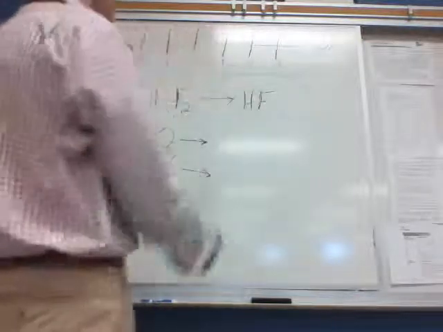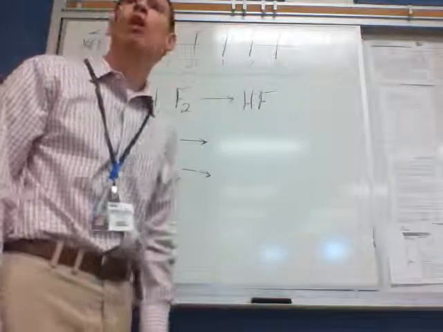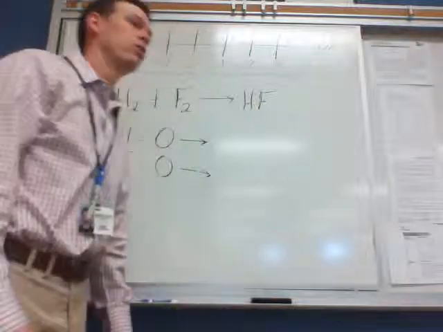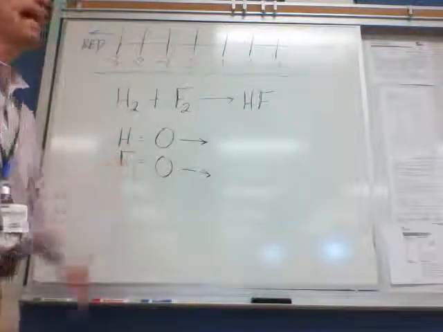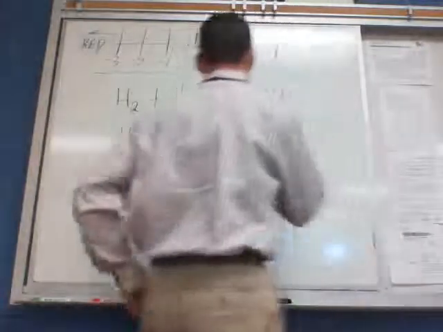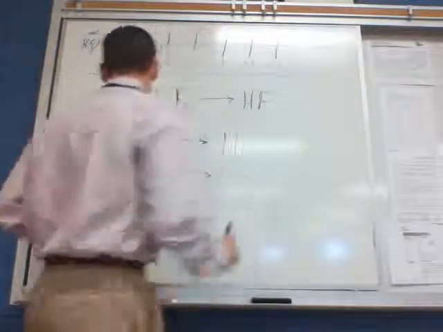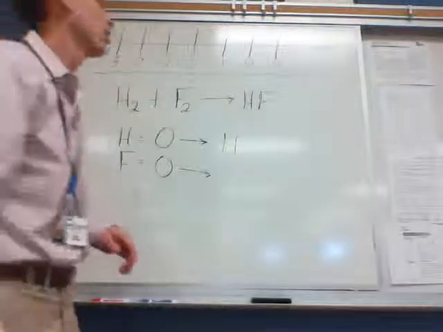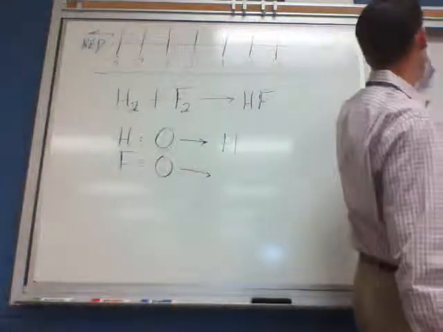But on the product side, they are in a compound. So now the periodic table will help us. What's hydrogen's predicted charge? Right there, +1. What's fluorine's predicted charge? Right above fluorine, -1.